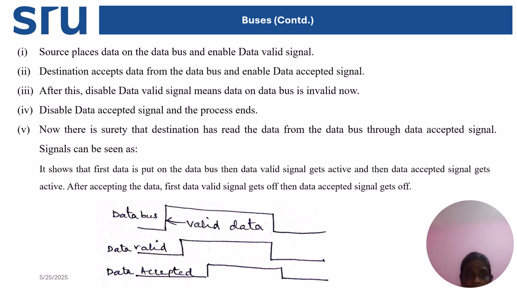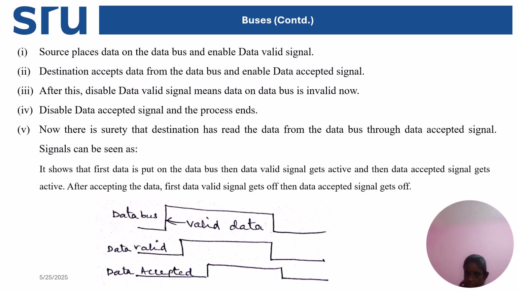Number one, the source places data on the data bus and enables the data valid signal. First it puts the data because it readily has the data, so it keeps it on the data bus.